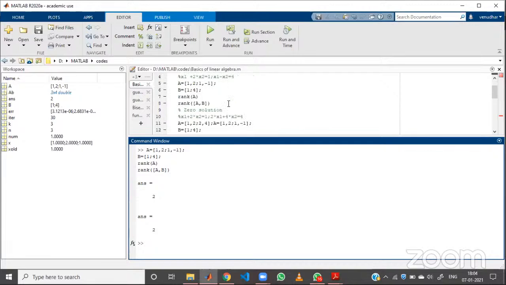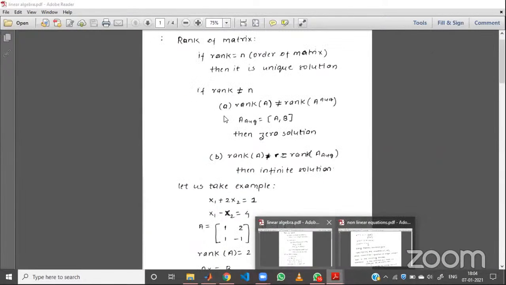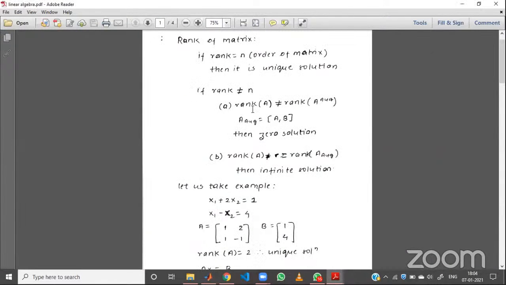Similarly, when do we get zero solution? When the rank of the matrix A is not equal to n, and also not equal to the rank of the augmented matrix, in this case we get zero solution.